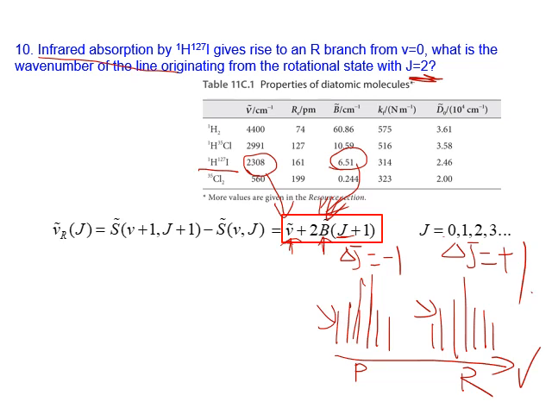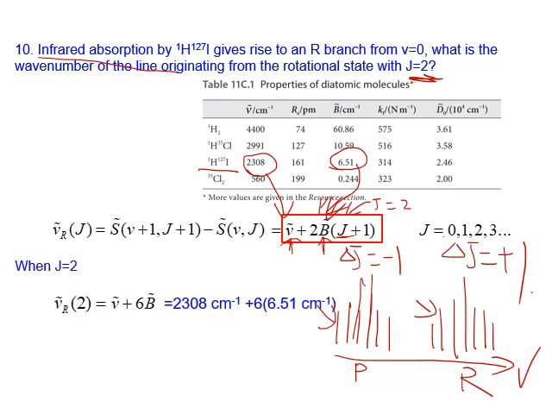So plug in J equals 2 in this equation. 2 plus 1 is 3, 3 times 2 is 6, and that's why you have the frequency plus 6 times the rotational constant. Plugging everything in, the answer is 2347.2 inverse centimeter.